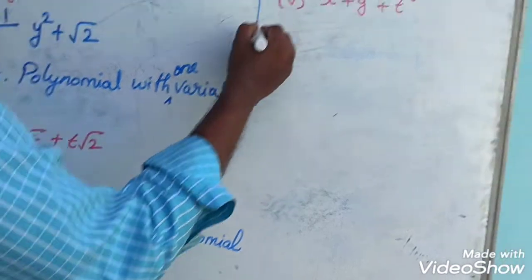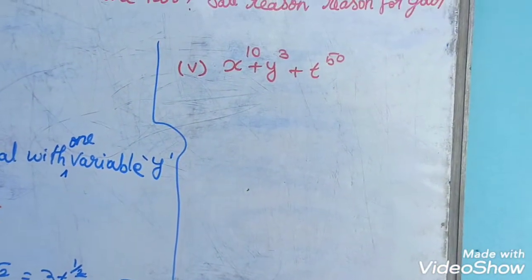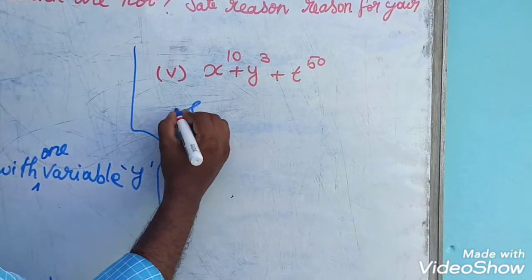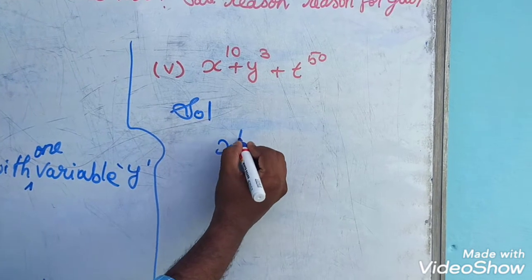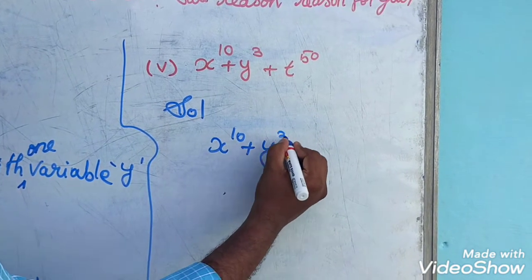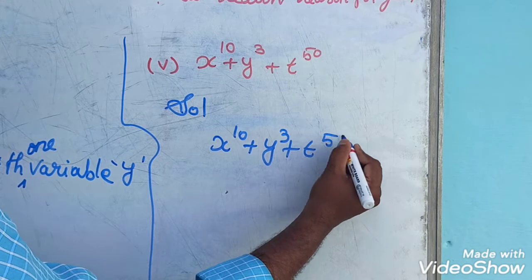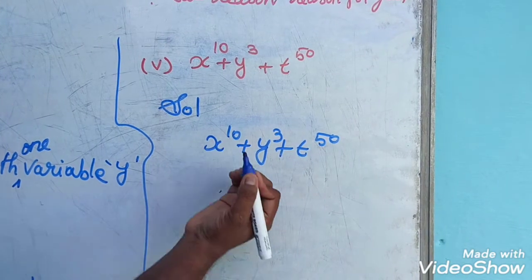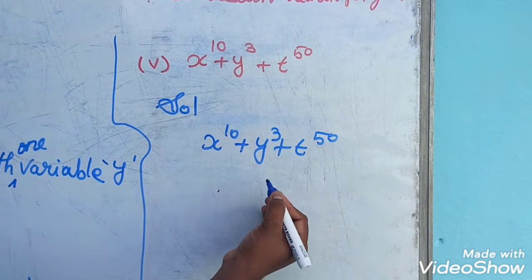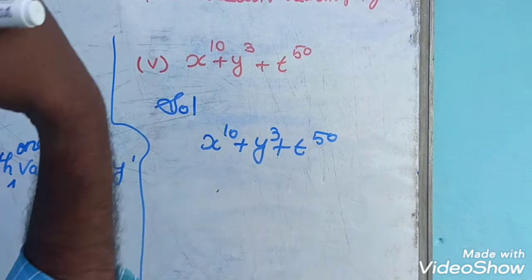Now we move to the fifth question. x power 10 plus y power 3 plus t power 50. Here the exponent of x is 10, the exponent of y is 3, and the exponent of t is 50.